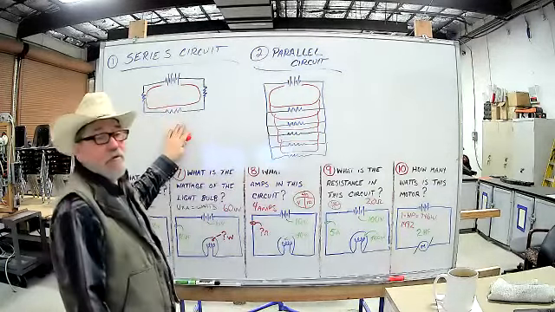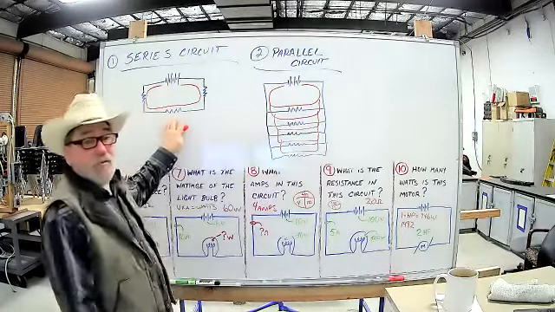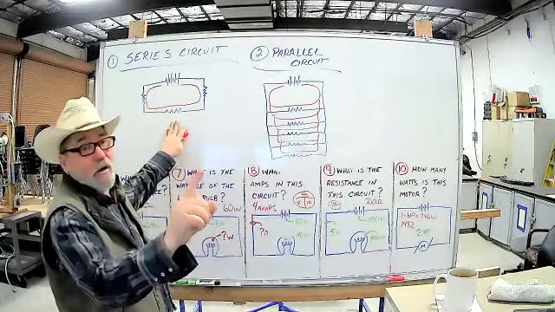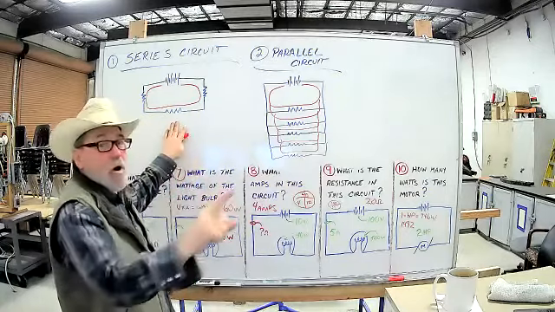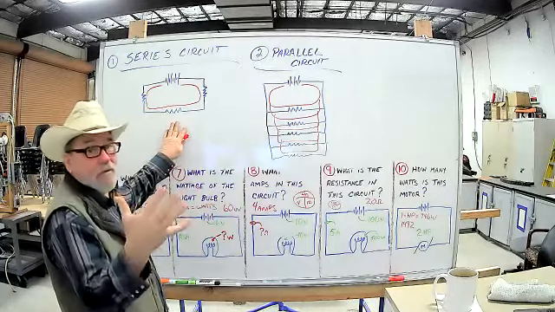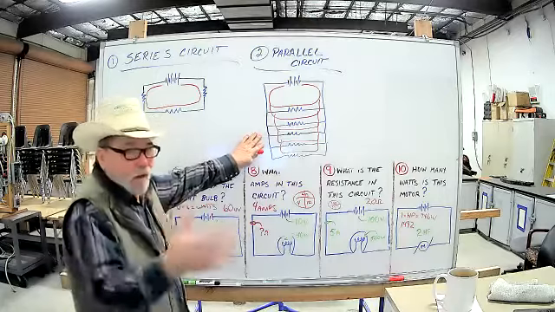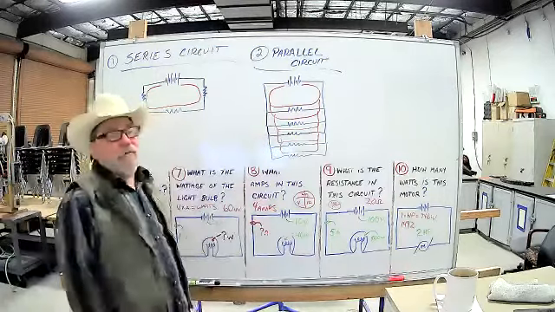So this could have 1,000 resistors. This could have 1,000. So this still only has one place for the current to run. It has to run through every one of those 1,000 resistors. So it's going to be a lot of resistance. But if you got 1,000 resistors in parallel, it's got 1,000 different places to run.